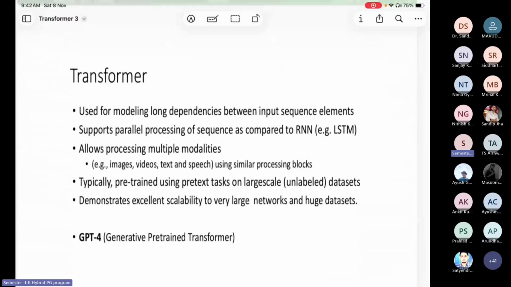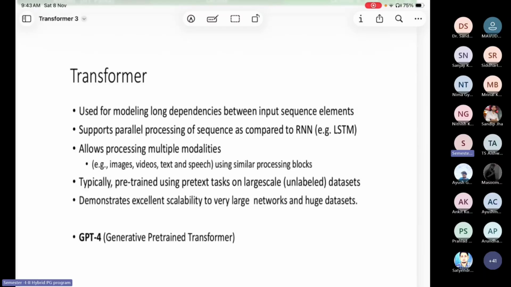So if you just see, transformer is being used for modeling long dependency between input sequence elements. If you just go back, this transformer came around 2017, and it came for the NLP task, like natural language processing tasks, so all the text-related tasks.